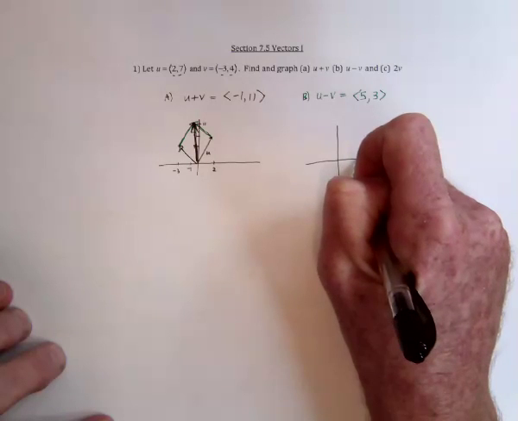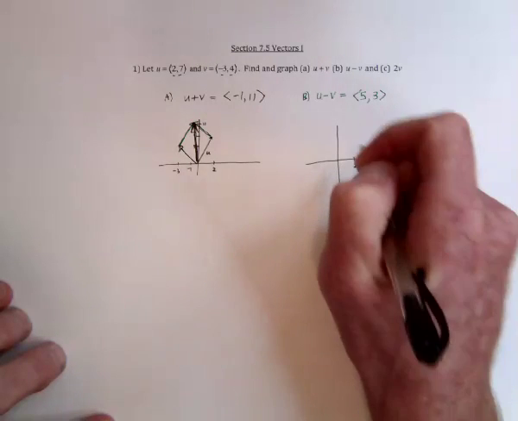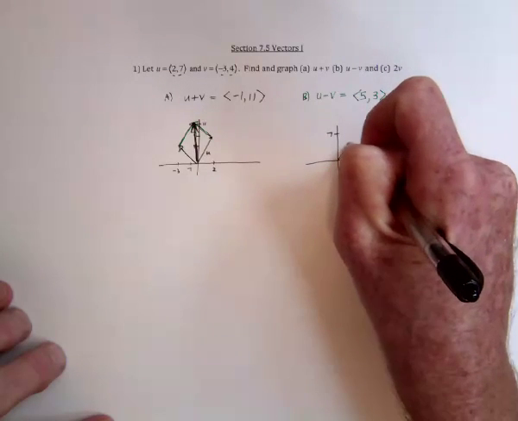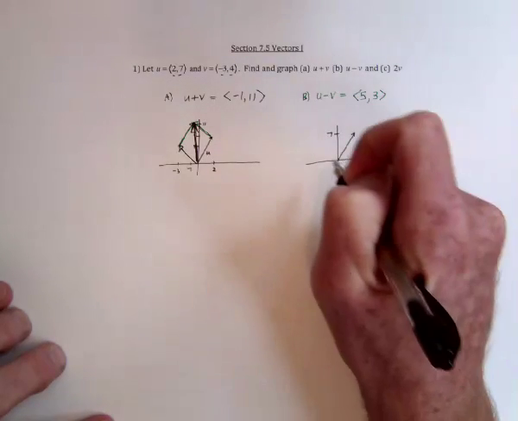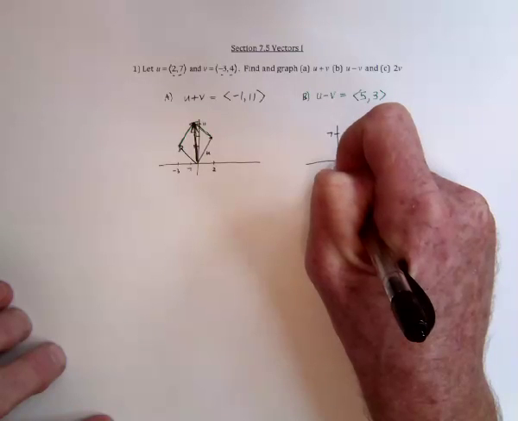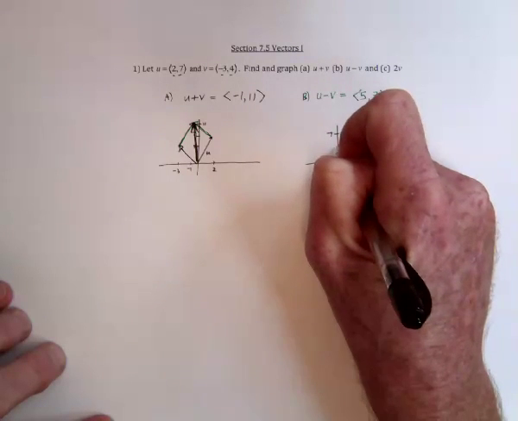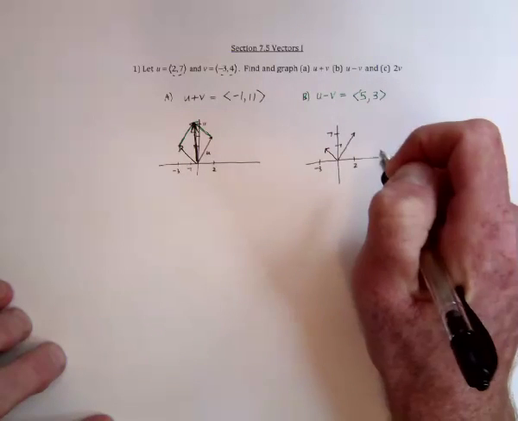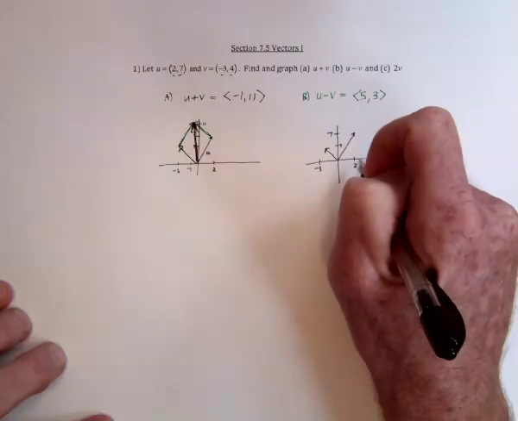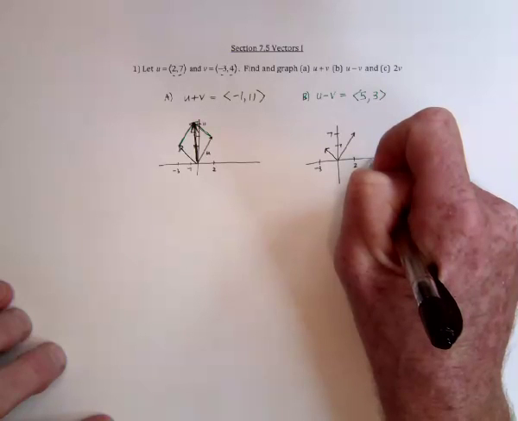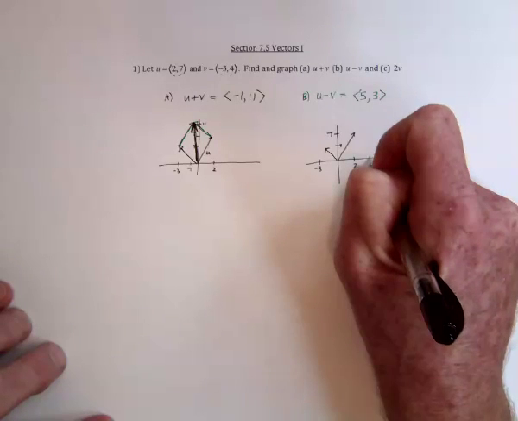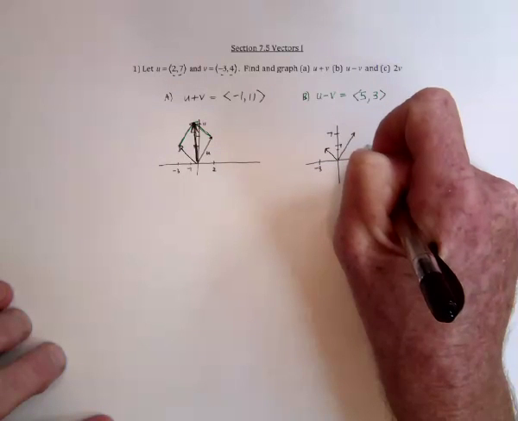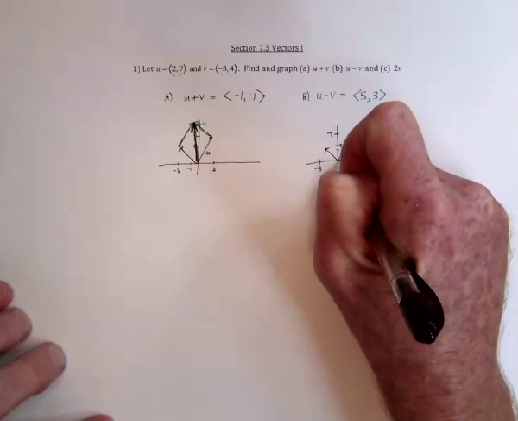So again, for comparison's sake, I'm going to put the original vectors 2, 7, so there's the vector u, and then the vector v, -3 and 4 would be over here, and then when you subtract them, it's a 5, 3, so that would be over here.